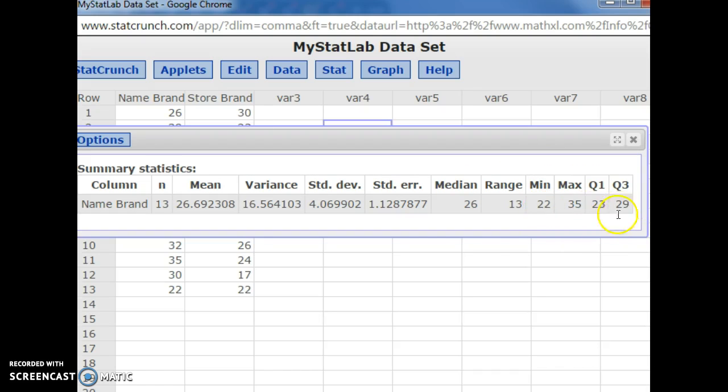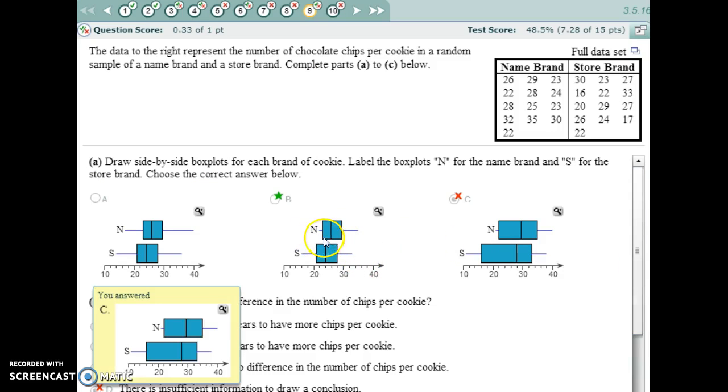So if you just put those in numerical order, you have your 5-number summary in order. So it looks like 22, 23, 26, 29, 35, which you find the box and that lines up with starting at that first number. The box goes to those middle 3 numbers, and then it ends at the last one, the max. And do the same thing for the store brand.